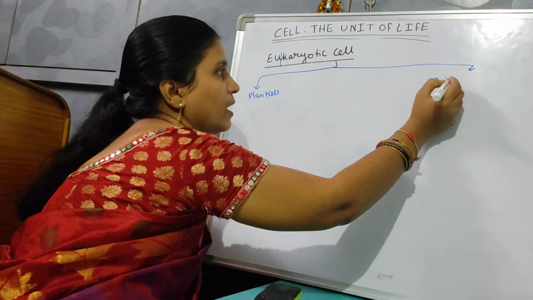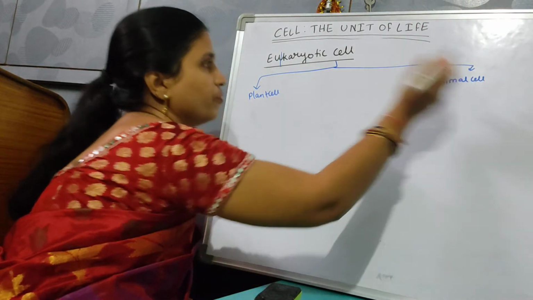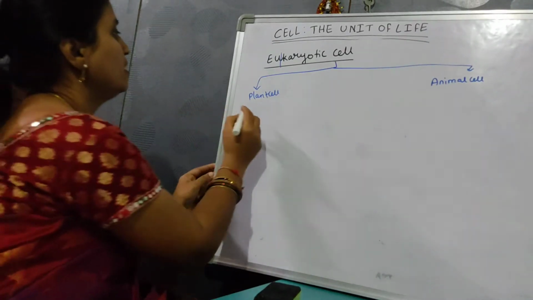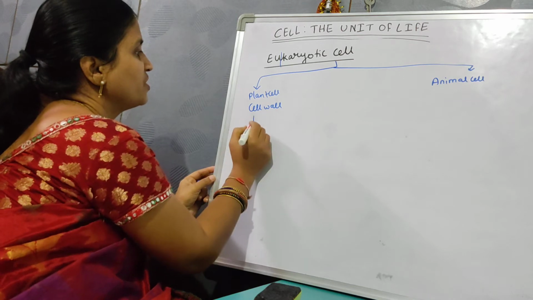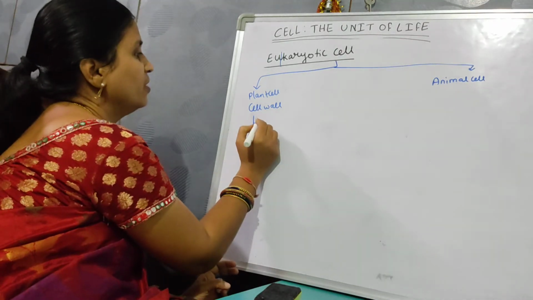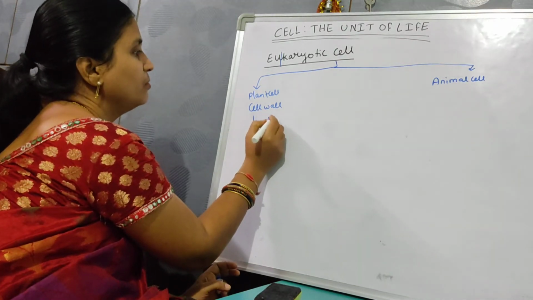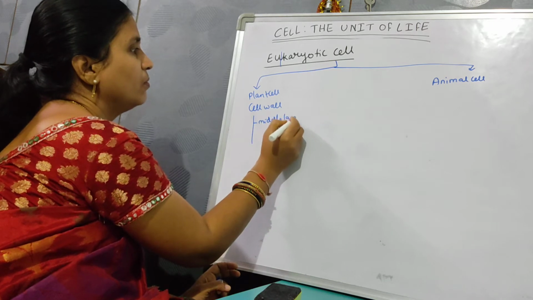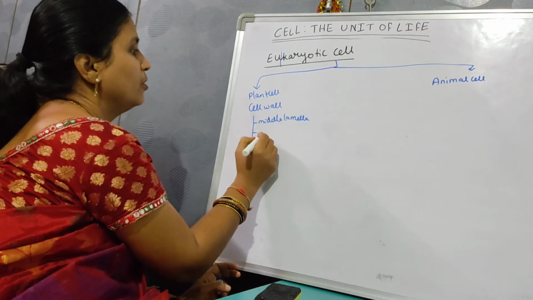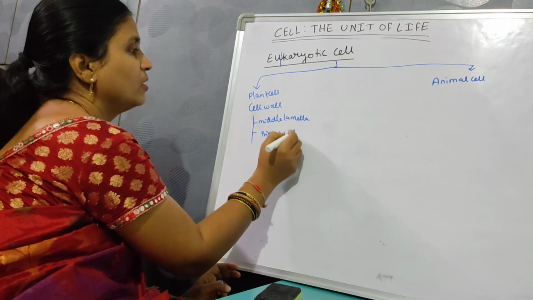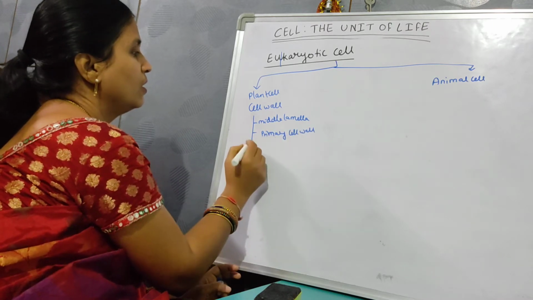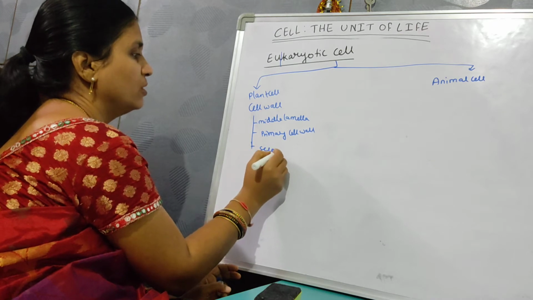In plant cell, cell wall is present, which we'll study in detail. It is divided into middle lamella, primary cell wall, and secondary cell wall.